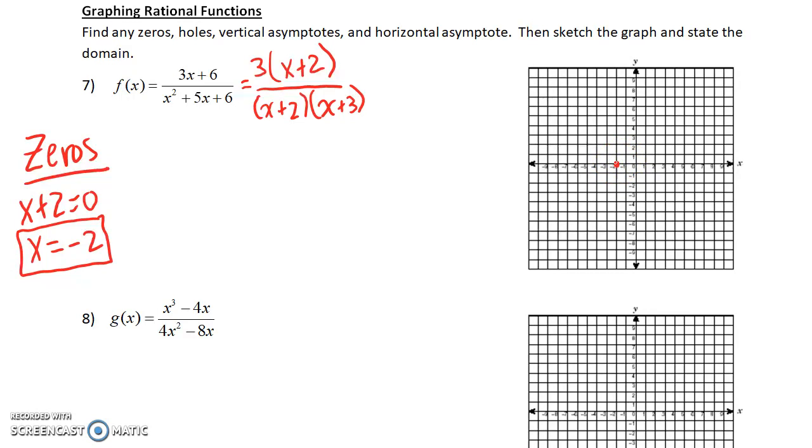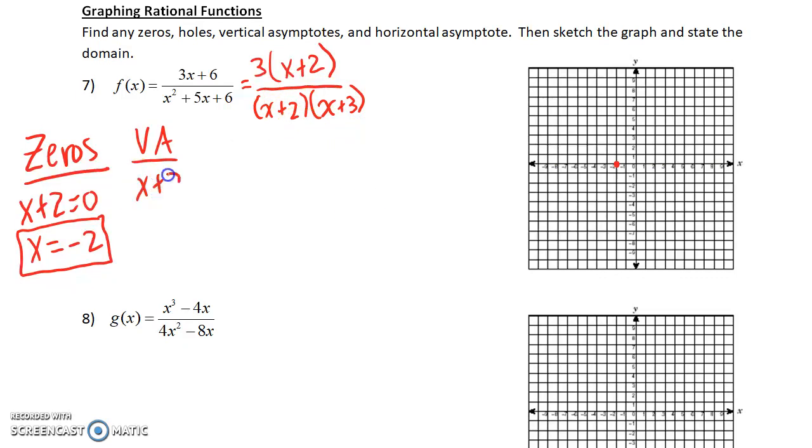Okay, then the next step that we've been doing is the vertical asymptote. The vertical asymptote is when we set all the factors of the denominator equal to 0. So if I look back at the denominator, I could set the original equal to 0, or since I've already factored it, I can set the denominator equal to 0, or each factor. There we go, each factor.